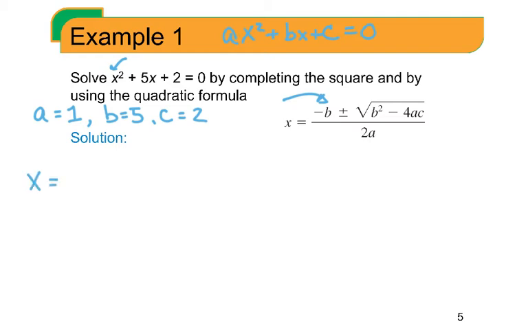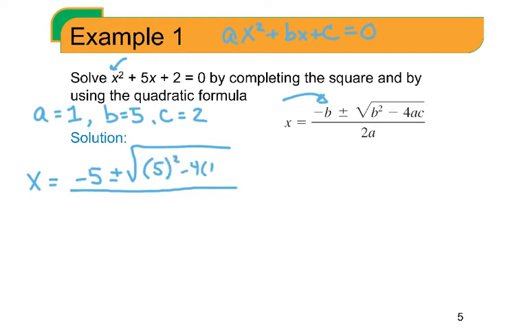X equals negative B, that's minus B. So that'll be minus 5 plus or minus the square root of B squared, so that will be 5 squared, minus 4 times A times C, all over 2 times A.